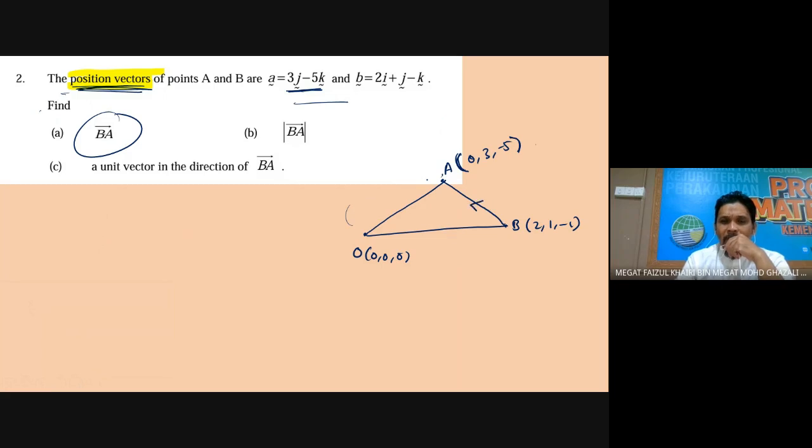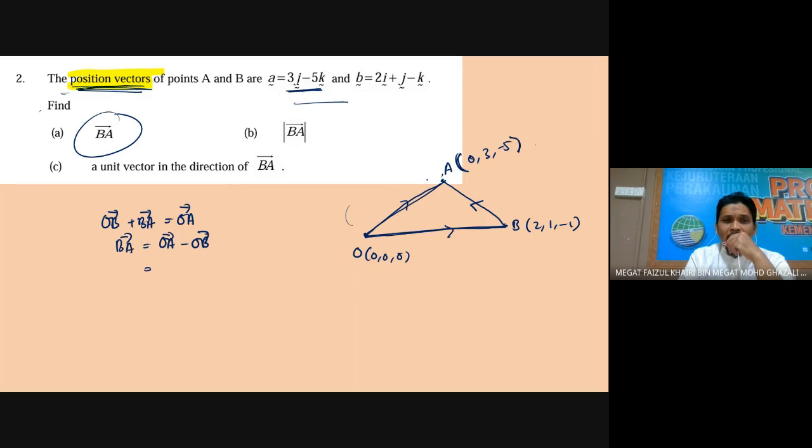Vector BA. Let's say we call the journey from O to B and B to A, and another friend goes from the point O to the point A. Then OB plus BA equals OA. So BA equals OA minus OB.